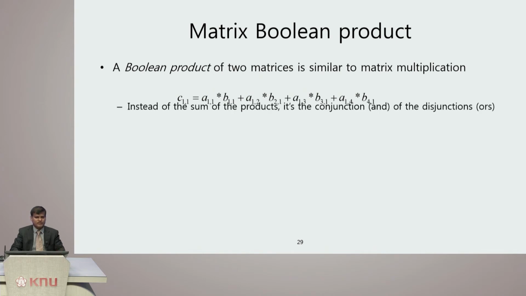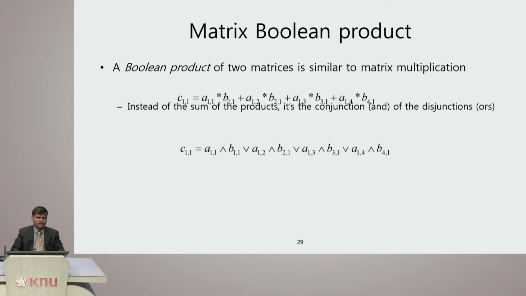So instead of sum of products, it's a conjunction of disjunctions, ANDs and ORs we use. So C11 is A11 and B11, or A12 and B21, or A13 and B31, or A14 and B41.